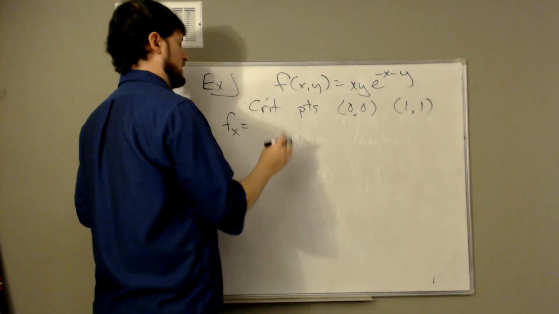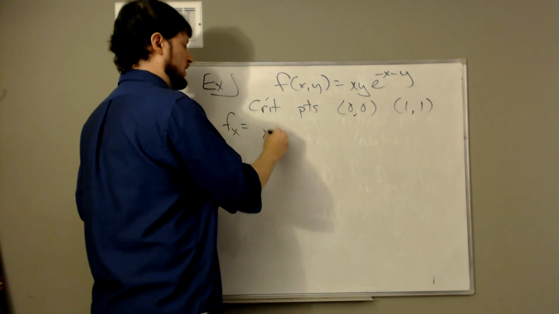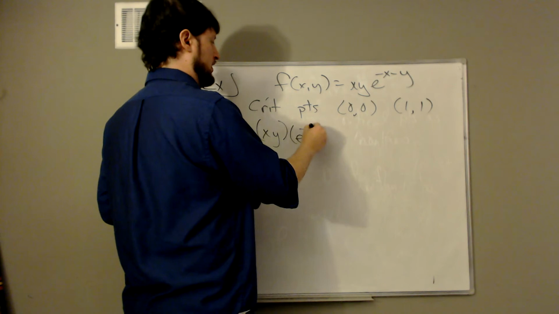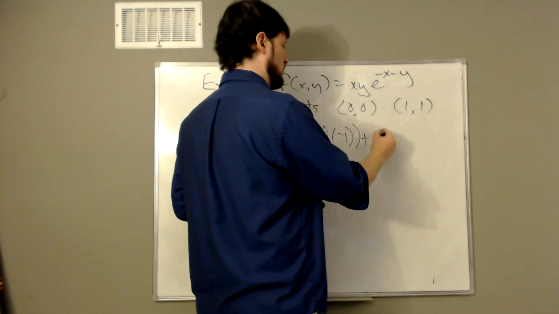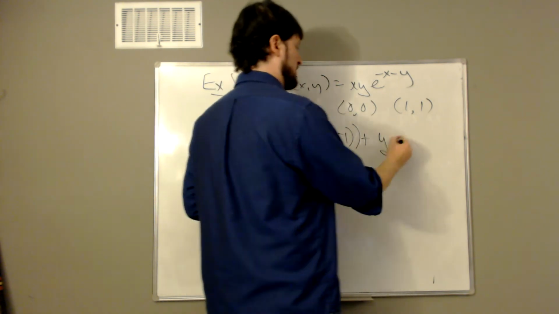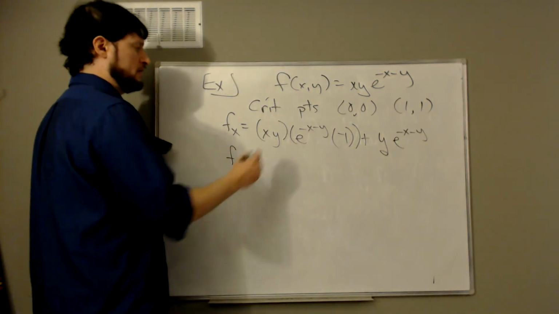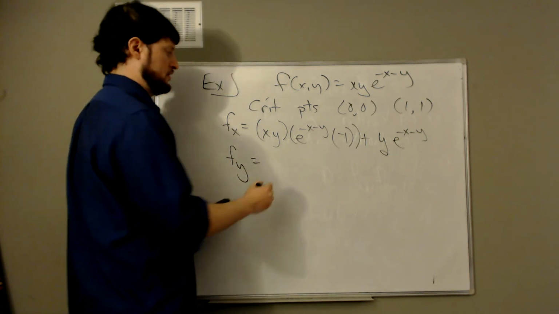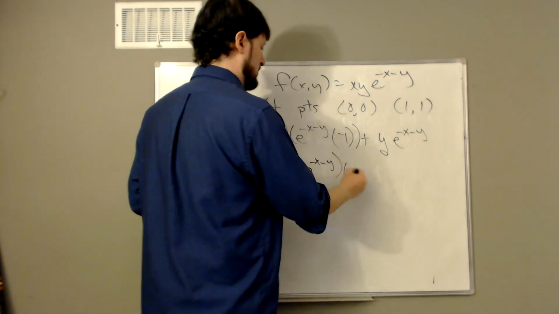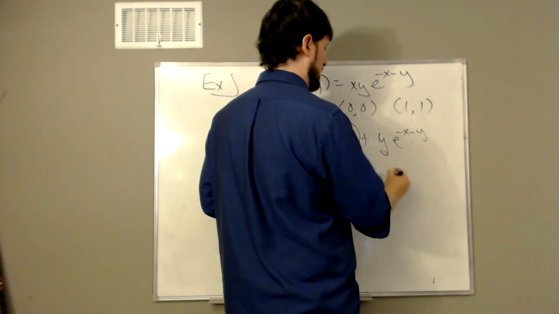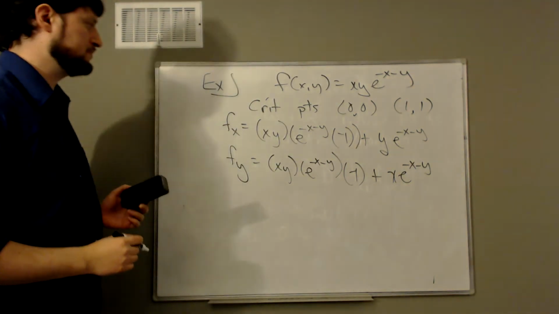Let's just look at it again. f sub x, remember, was xy times e to the minus x minus y times minus 1, plus y times e to the minus x minus y. And f sub y was xy e to the minus x minus y times minus 1, plus x e to the minus x minus y.